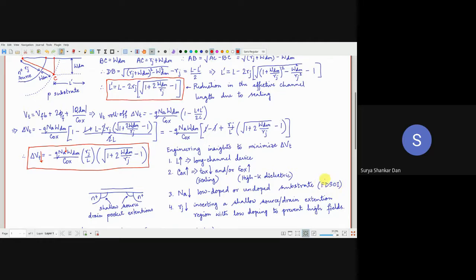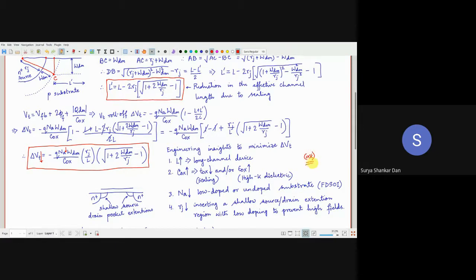If you are making it fully depleted, your NA has to be very, very low doped. Its doping will be around 10 power 11 per centimeter cubed. Even though you are scaling the technology, you can reduce the doping level only if you are using FDSOI. That is the reason why I have written FDSOI, because if you are scaling the technology, NA should increase by a factor of alpha into K, as we have seen previously.